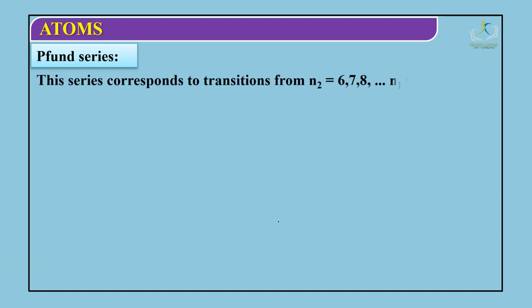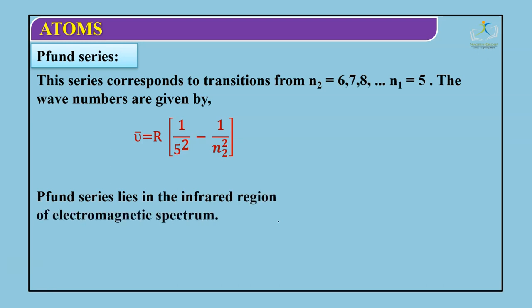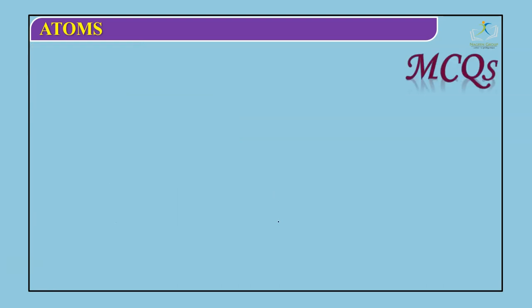This series corresponds to transition from n2 equal to 6, 7, 8 up to infinite. Students, we must take n1 equal to 5 because this is the fifth series. The wave number is given by nu bar equals R times 1 by 5 square minus 1 by n2 square. Pfund series lies in the infrared region of the electromagnetic spectrum.